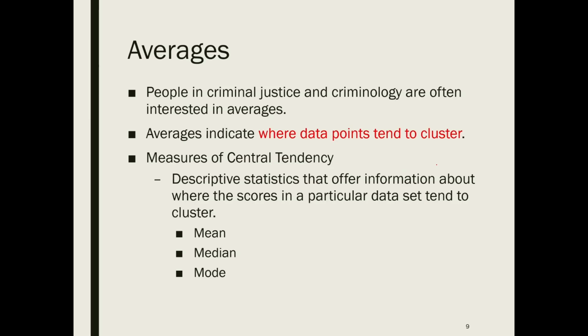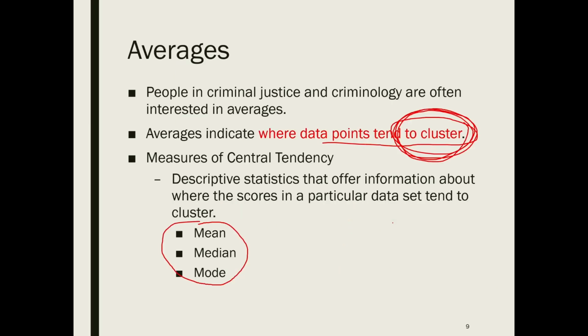So, measures of central tendency. Central tendency basically means where the data points tend to cluster. Where are most of the data points? Where is the majority of the data? The measure of central tendency is a very basic descriptive statistic, and in this PowerPoint we are just going to talk about the mode, median, and mean, the three most common central tendency measures.